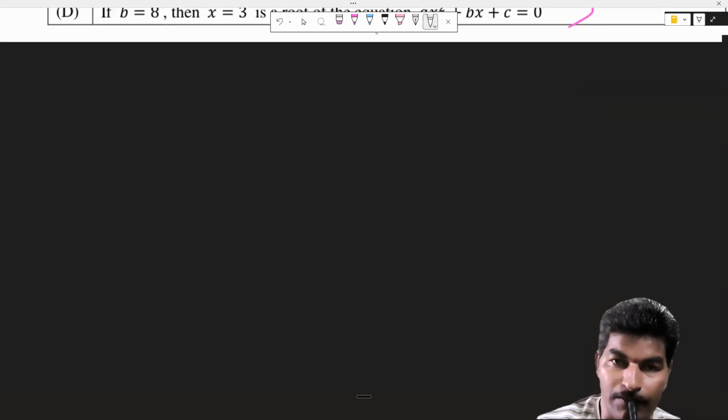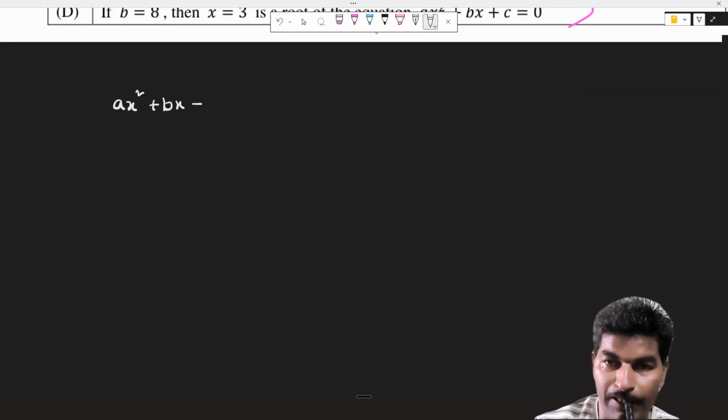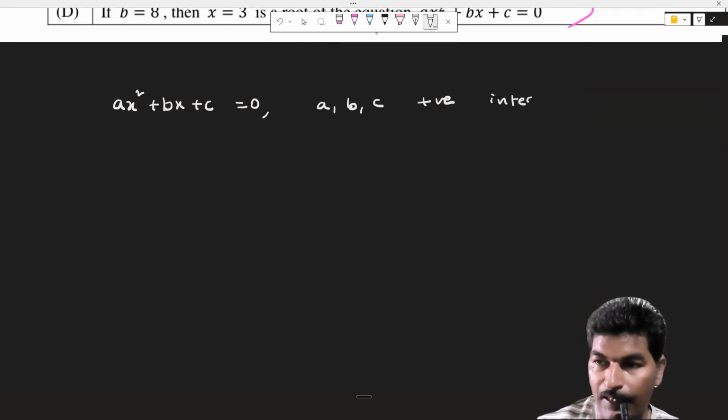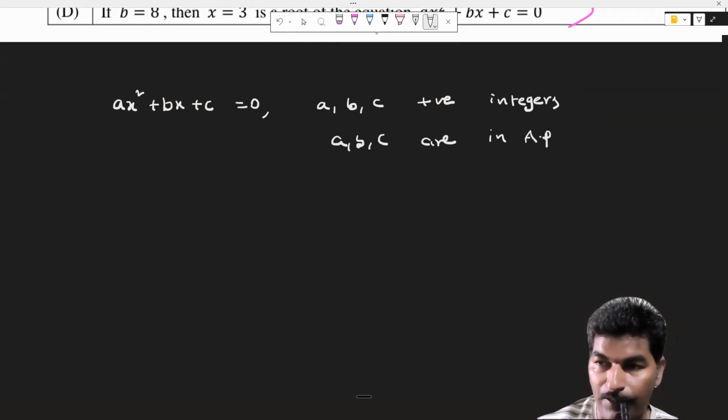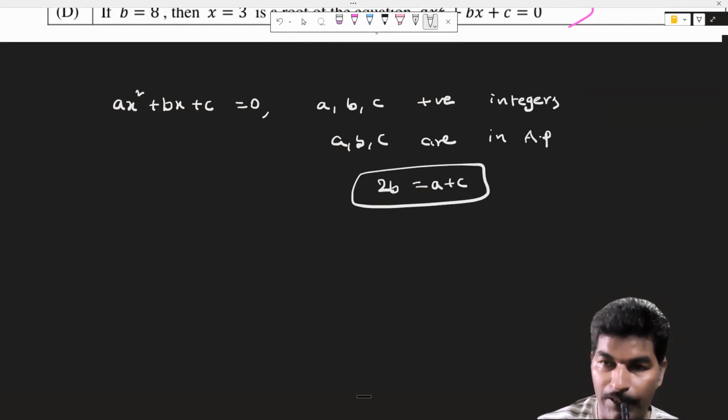So first, the given equation is ax square plus bx plus c equal to 0, where a, b, c are positive integers in arithmetic progression. So 2b is equal to a plus c. This is the one condition.